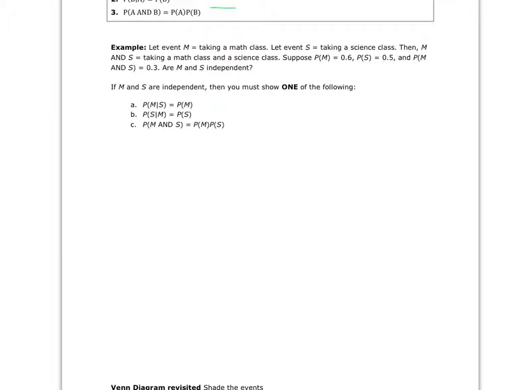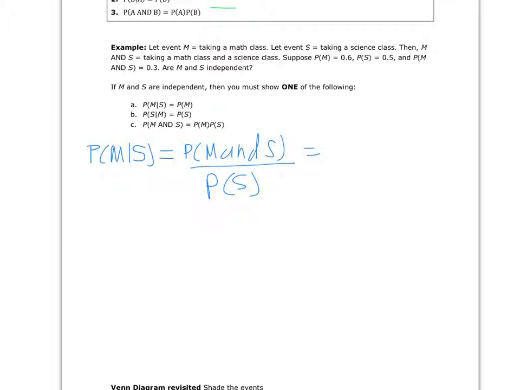Okay, so let's look at the first one and figure out what the probability of M given S is. Just a little refresher, this is going to be the probability of M and S over the probability of, hopefully you're thinking it, S. So plugging in those values that are given to us, we get 0.3 over the probability of S, which is 0.5.